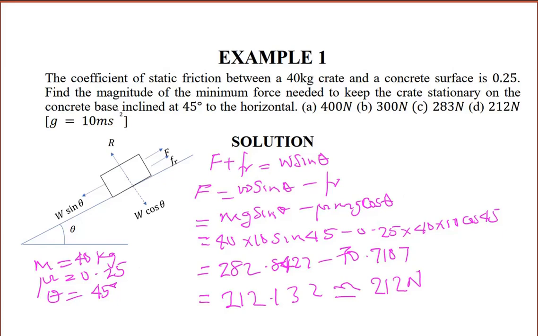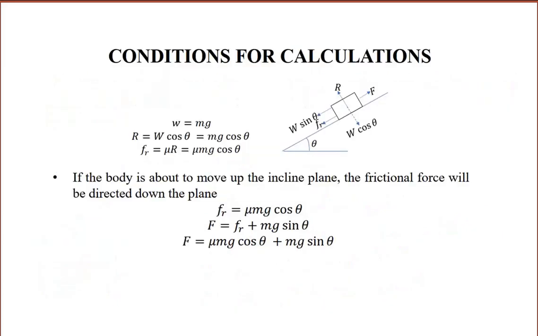So we have looked at that condition. Now let's look at the second condition. If the body is about to move up the inclined plane, the frictional force will be directed down the plane. So if the force applied, the force F, is big enough to tend to move the body up the inclined plane, then frictional force will always oppose motion.